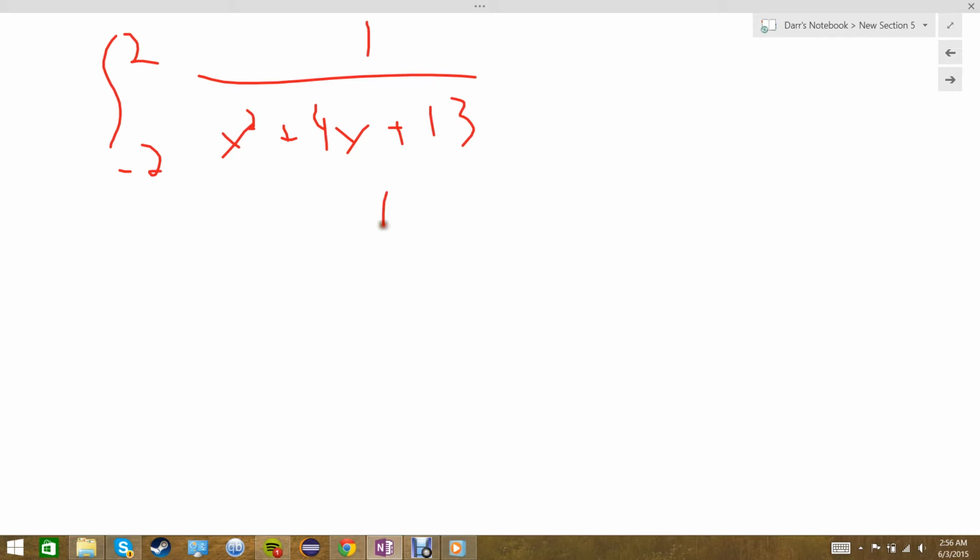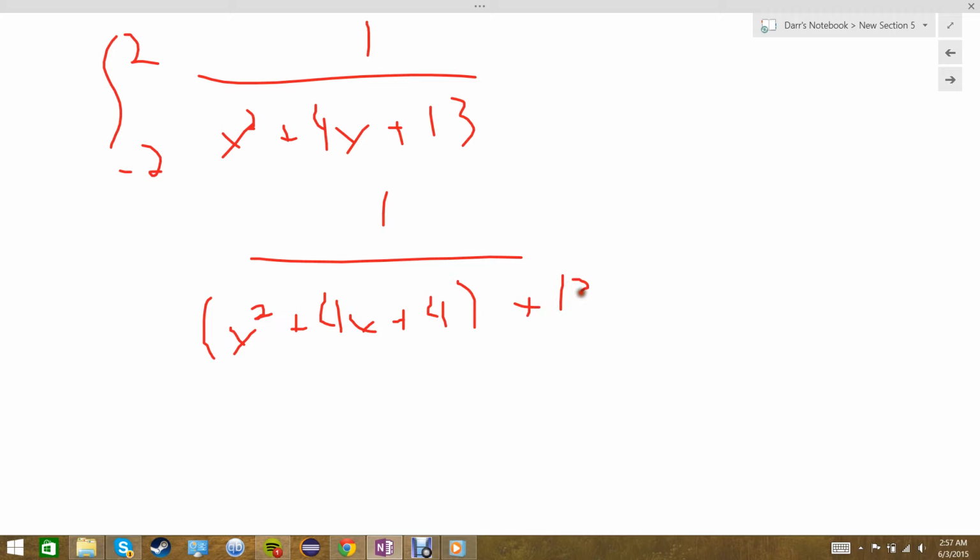You get 1 over x squared plus 4x, and you need a 4 up here, so you get 4 plus 13 minus 4 on the outside. Okay, so then what you're going to get is 1 over (x plus 2) squared plus 9.